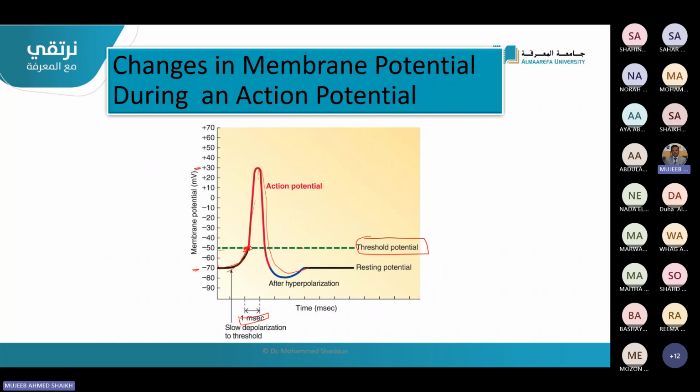If the membrane potential goes from minus 70 to minus 60, it will not convert into an action potential.